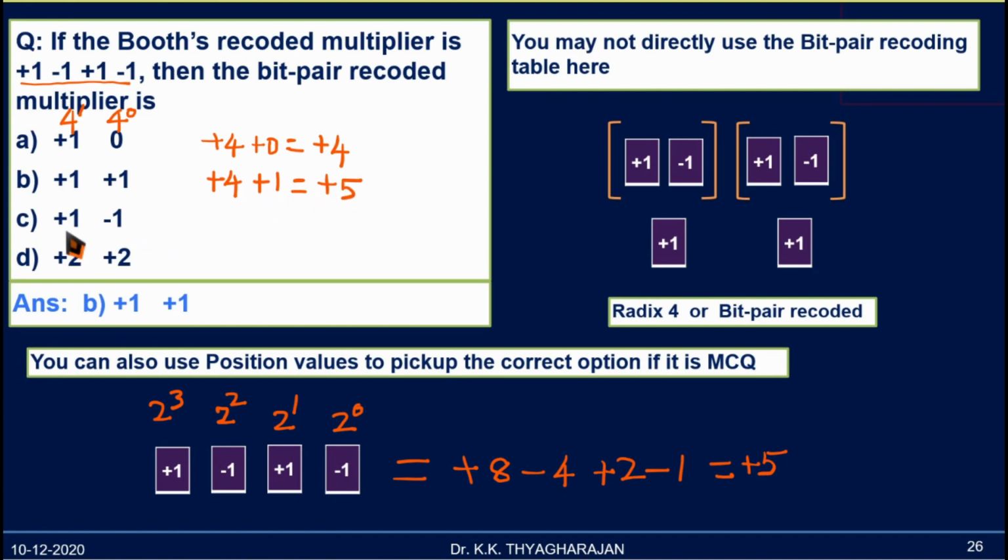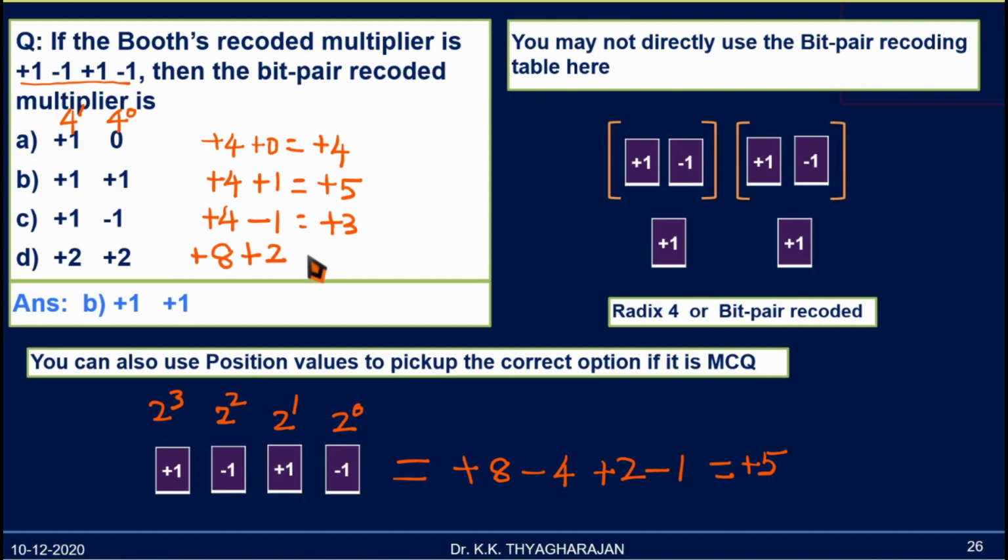Now this one is option C, provides plus 1 into 4 is plus 4. Then minus 1 into 1 is minus 1, equal to plus 3. Then this is 2 into 4 is 8, that is plus 8. Then this is 2 into 1, plus 2.